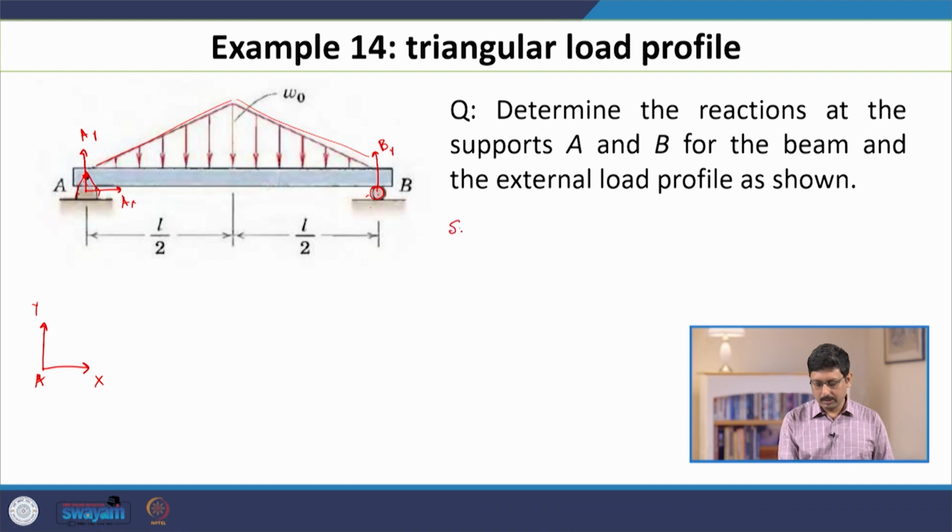What is our system? Let us say our system is the beam, that is the red block. Then what is the surrounding?